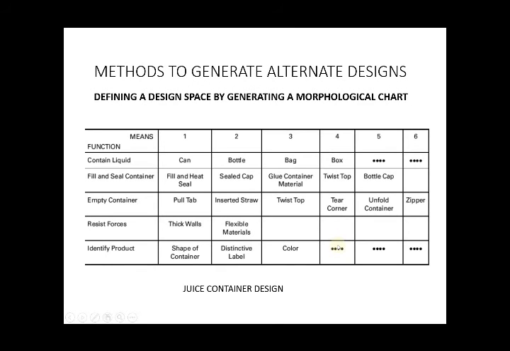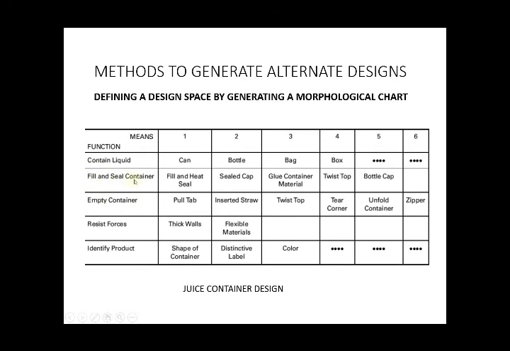This is an example of a juice container design. The functions of the container are listed here. These functions should be satisfied by the container. It should contain the liquid, that is the juice. Fill and seal the container. It should be sealed. Empty the container. How to empty the container?